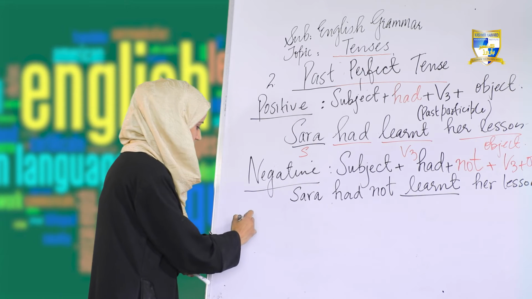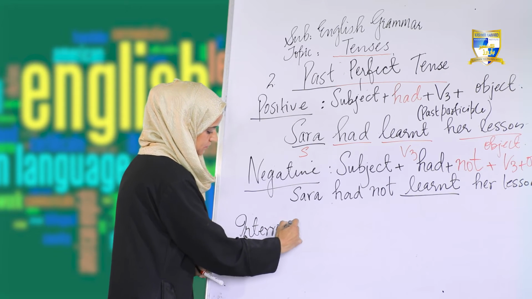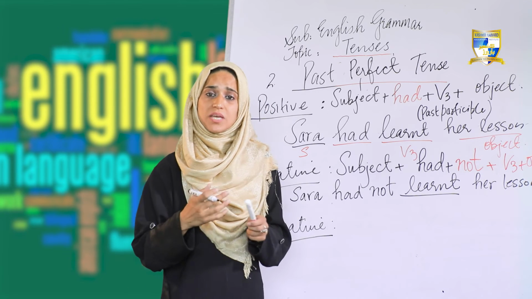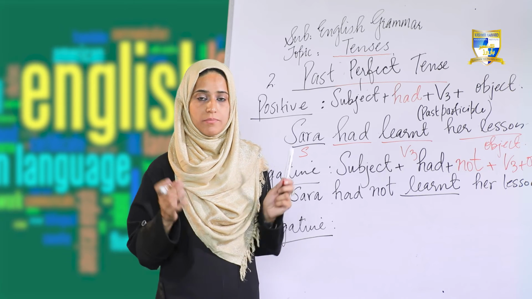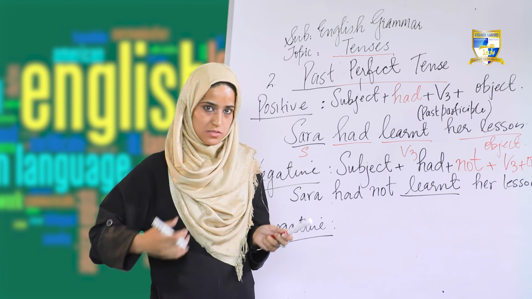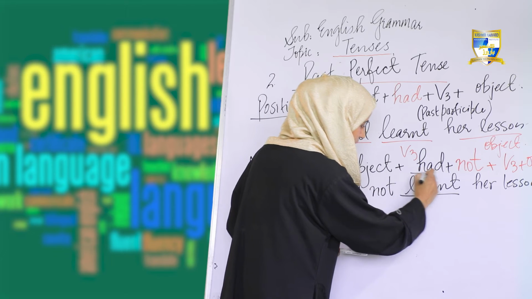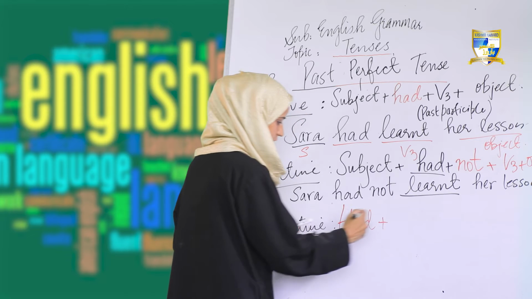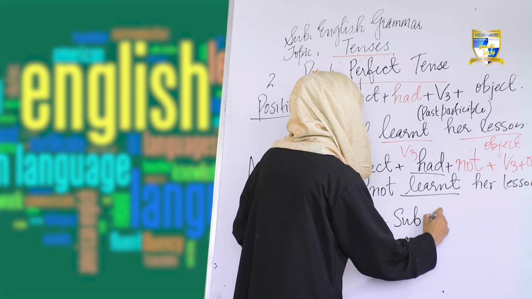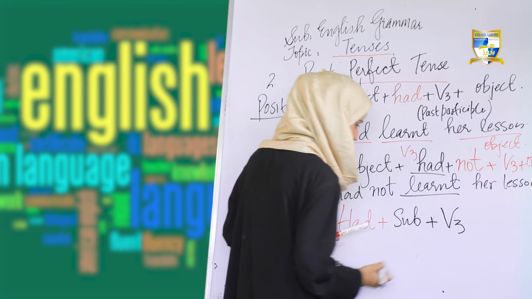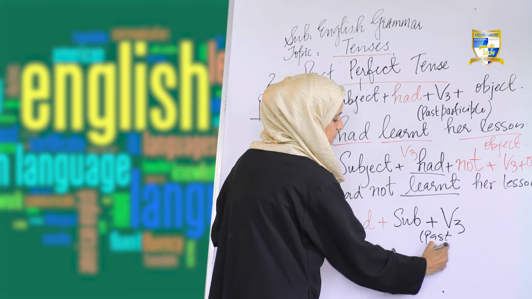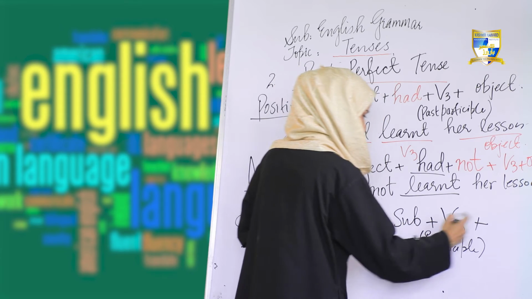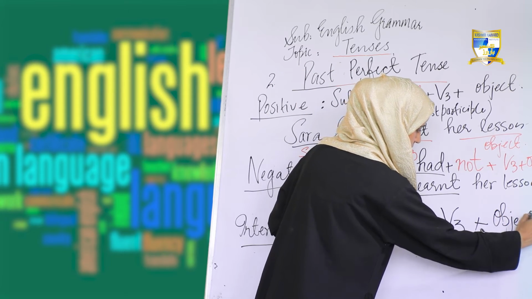Now let's take an interrogative sentence. As we have learned in the previous tenses, for making interrogative sentences we take auxiliaries in the beginning. The auxiliary that we have here is had. So simply we're going to take had plus your subject, then verb 3 again, known as past participle, and then your object and a question mark.